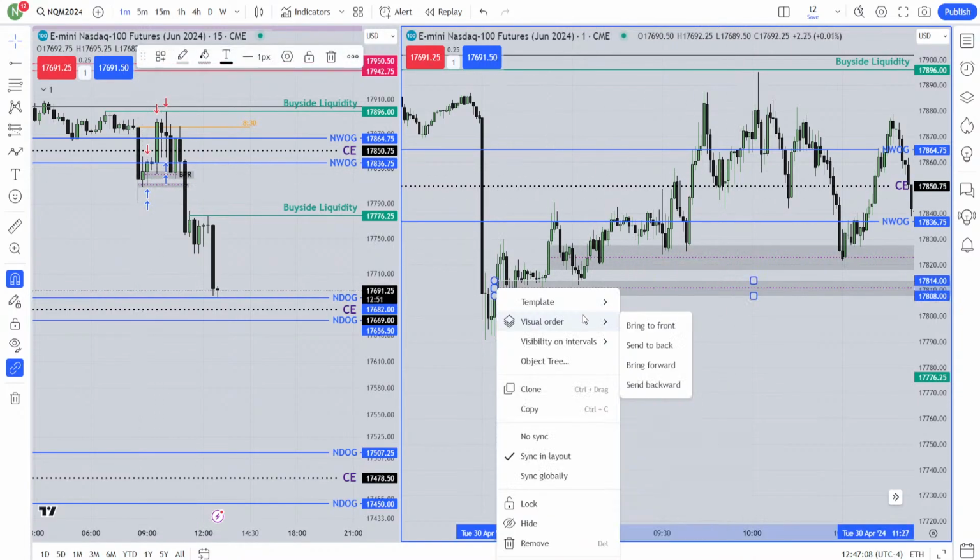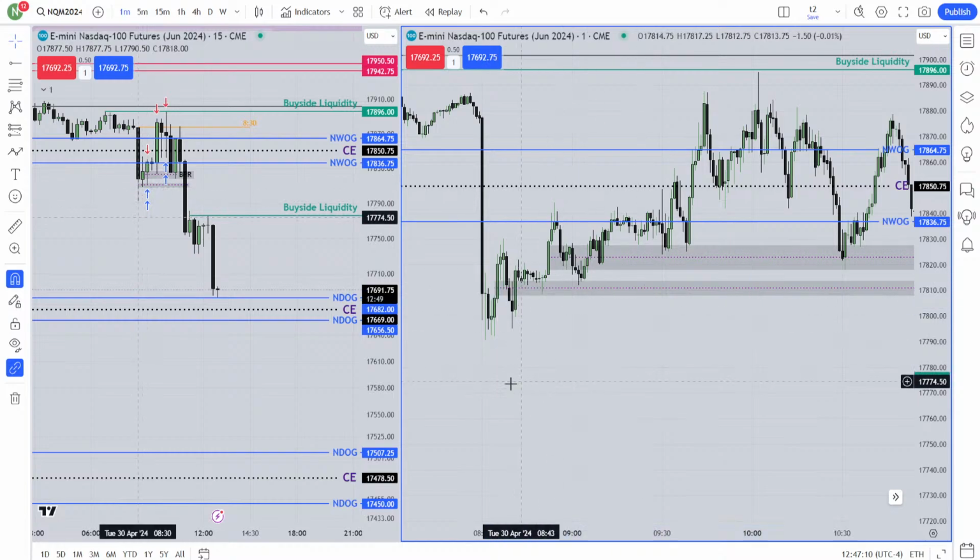Fair value gap is one side of the world, all other entries another side of the world. For example, breaker, BPR, inversion fair value gap, breaker block, mitigation block, order block, anything is the other side.